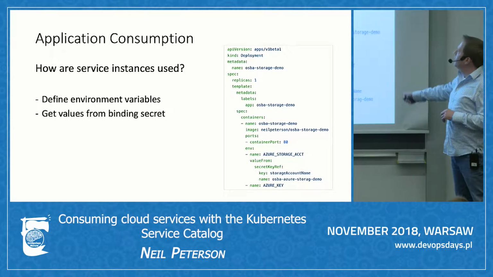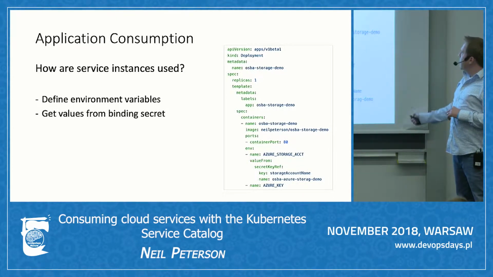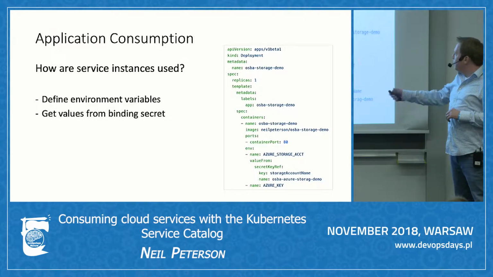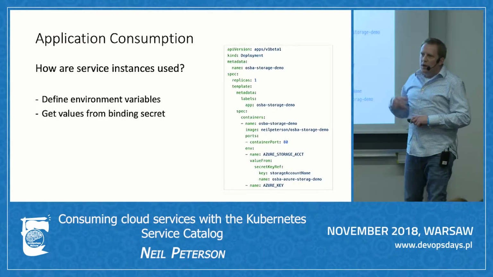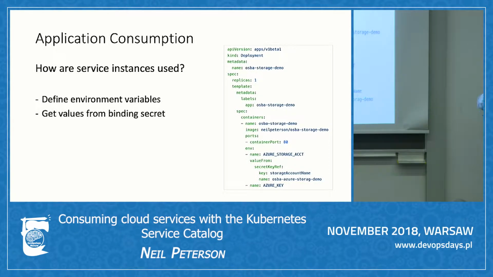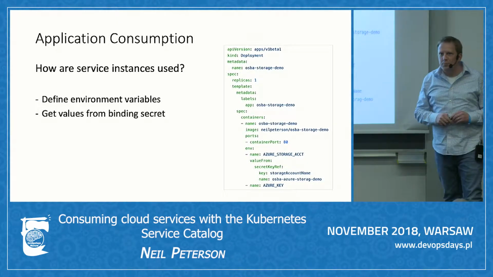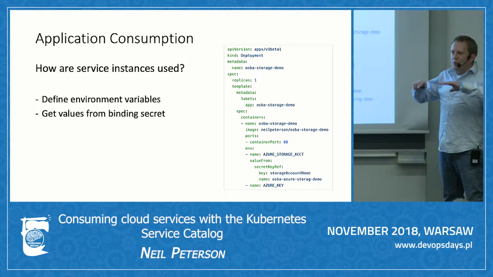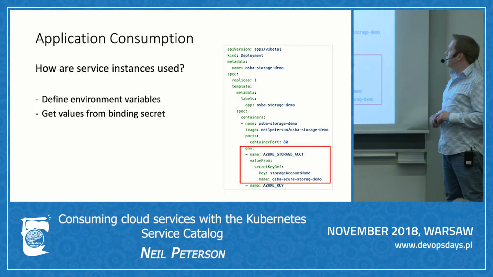So here I've just got a deployment, and I've got some environment variables defined, and I'm populating those environment variables with the data that's stored in the secrets that I've pulled from the cloud provider using the service binding. And we're going to go through every step of this.